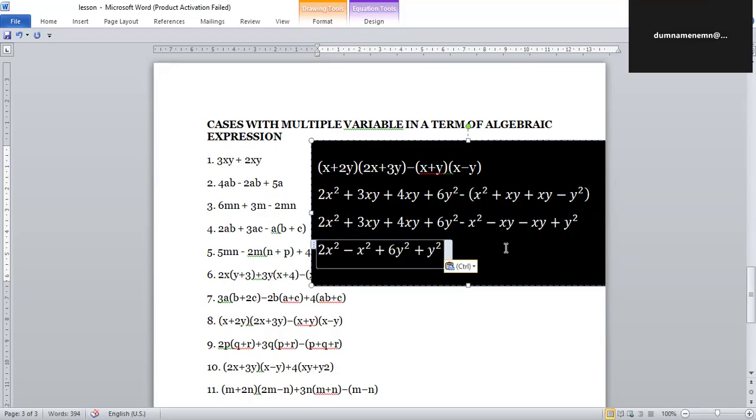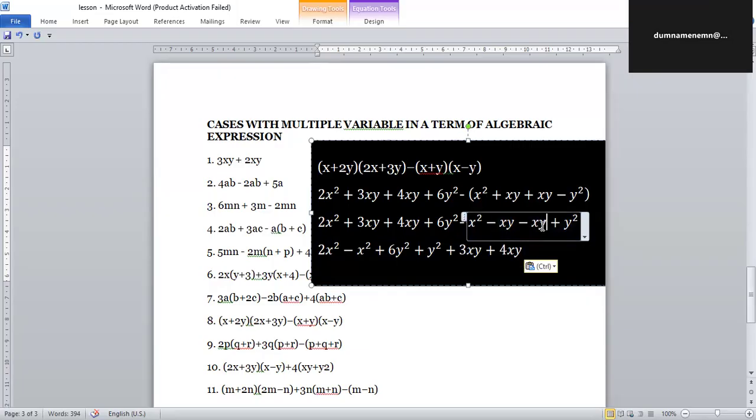All right, so we move to the ones that have combination of variables. 3xy, 4xy. Yes, I can just carry the two at the same time because they are all the same. They have the same variable. Then this one too, they have the same variable.